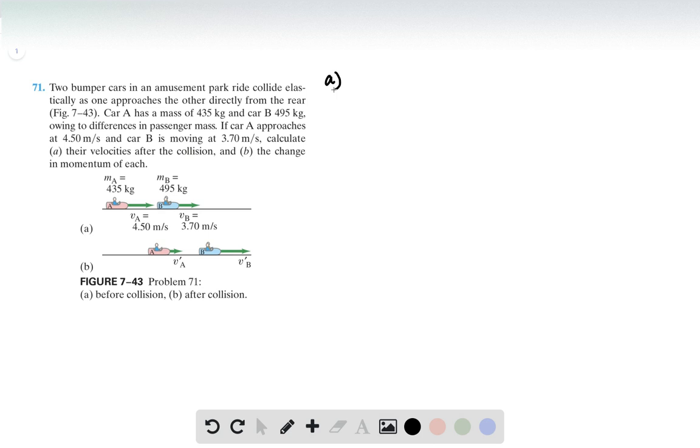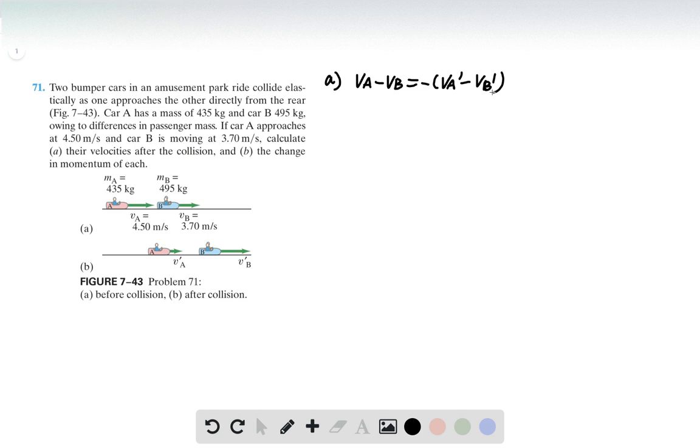So two equations we have for elastic collisions. The first one is the relative velocity equation, equation 7.7. This formula says that the relative velocity of two objects will be equal and opposite before and after the collision.